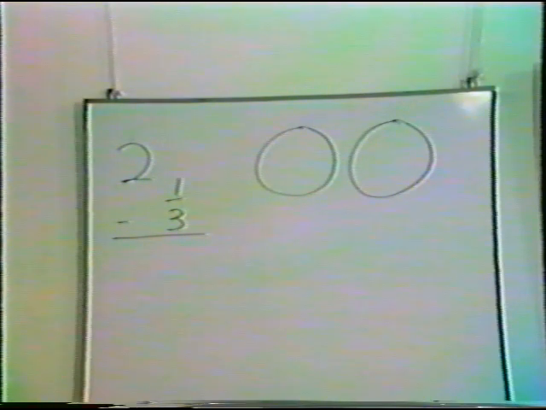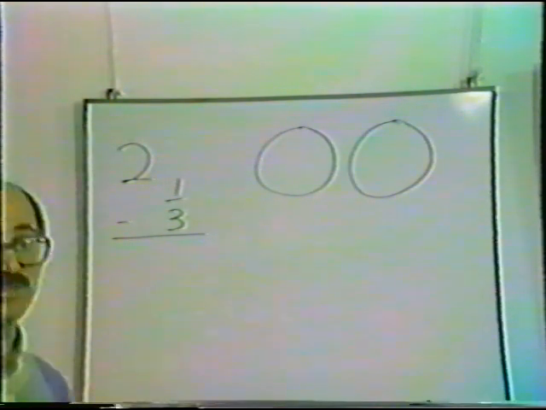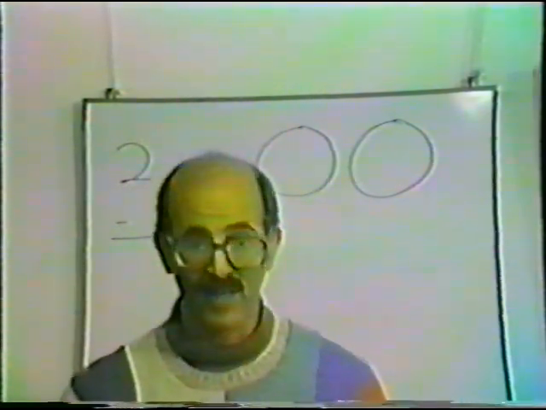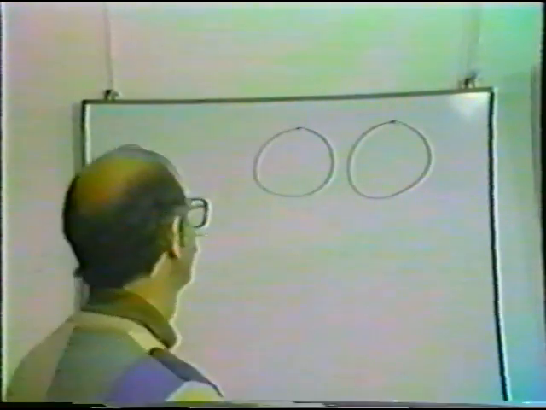What do we need to have in our hands to take away 1/3 of one of those pizzas? We have thirds. And how do we get thirds? We need a knife. You have to cut up one of those pies. You need a knife. Very good.